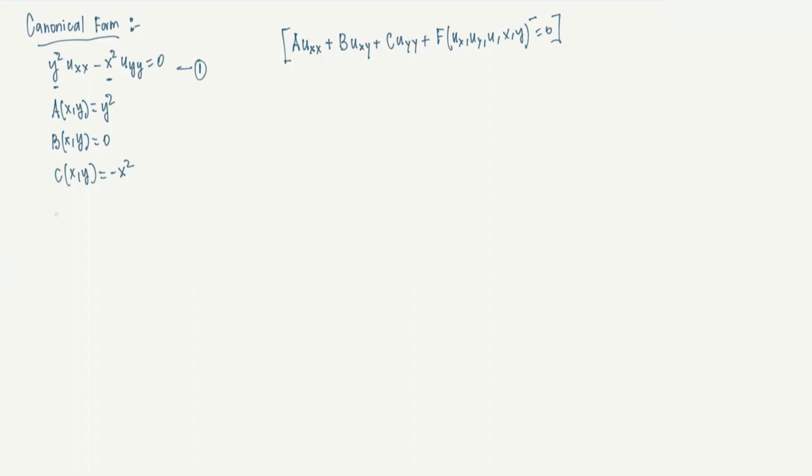Clear? Then b square minus 4ac, evaluated at an arbitrary point x,y, is given by 4x square times y square. B is 0, so this is definitely positive for all x,y in R2. So we have that equation 1 is hyperbolic.